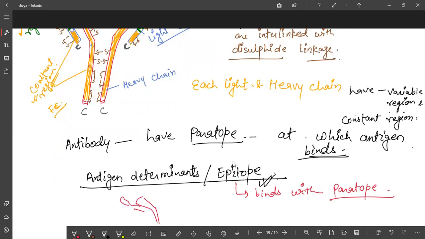Here antigen will bind, and the antigen binds with a specific site called antigen determinants, or epitope. So antigen contains epitope, and antibody contains paratope.